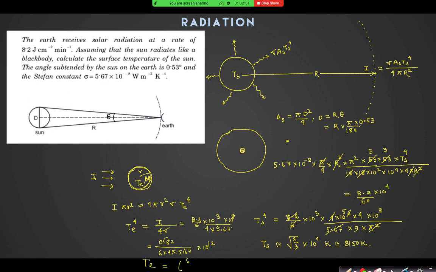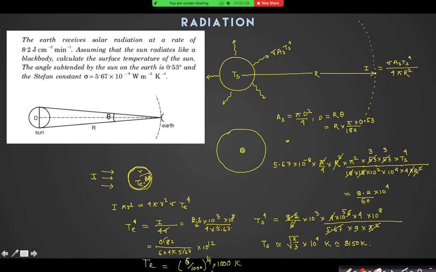I don't know what will be the value, because 82 divided by 24 and divided by 567 is equal to 0.006, means 6 by 1000, into 10 power 3, right?